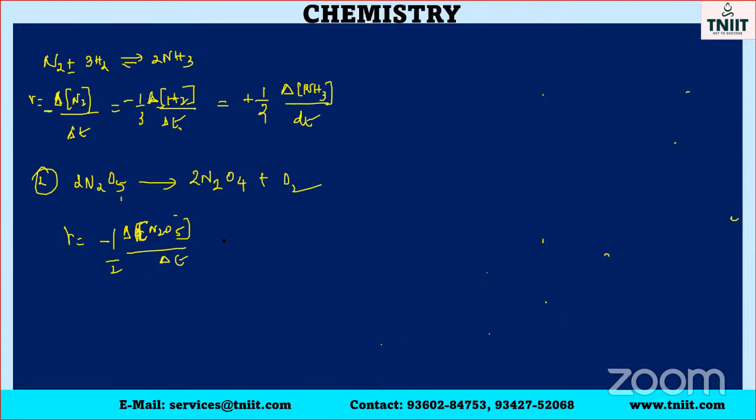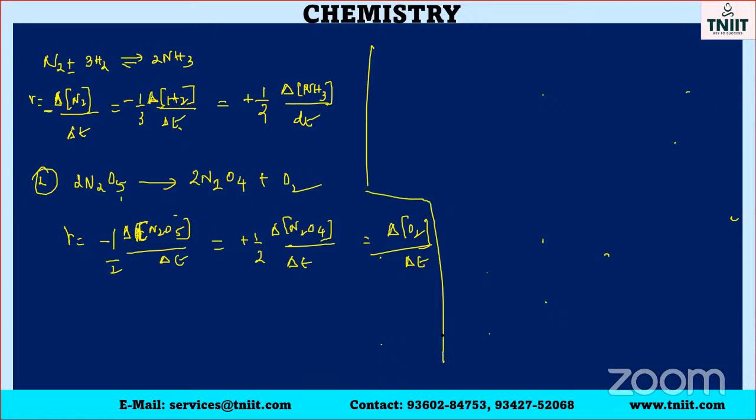That will be equal to plus 1 by 2 delta N2O4 with respect to delta t. That will be equal to change in concentration of oxygen with respect to time, where the coefficient is 1. If we divide it by 1 also, it makes no difference. Based on this, problems are important. One simple problem we will solve, and then we'll continue with the next concept.